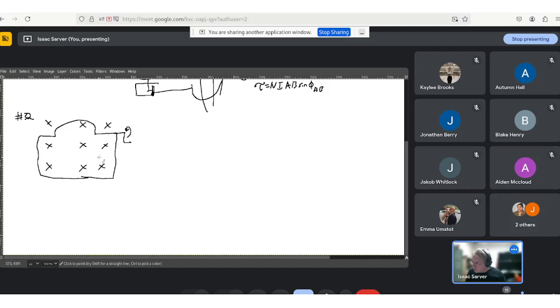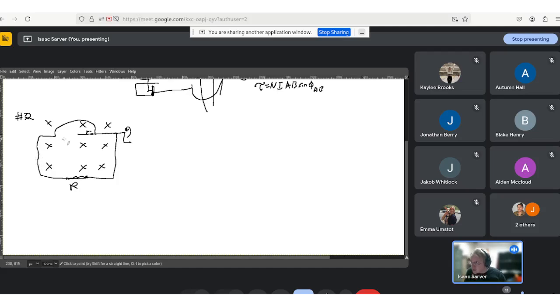A radius R goes here, and we have a resistor, R, here. Well, of course, they're keeping it simple.